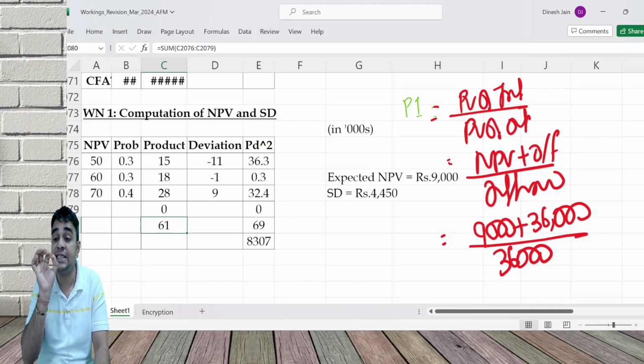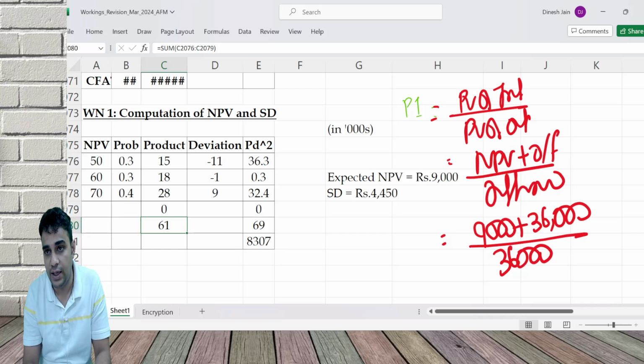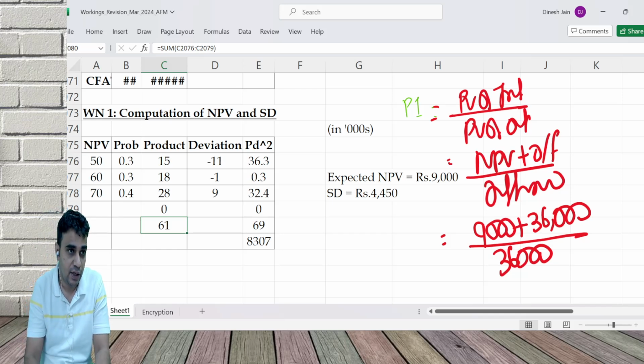Variance is 69 into 1000 into 1000. If at all they're asking me to write variance, it is not 69 into 1000. Variance is 69 into 1000 into 1000, because we have done it in thousands.